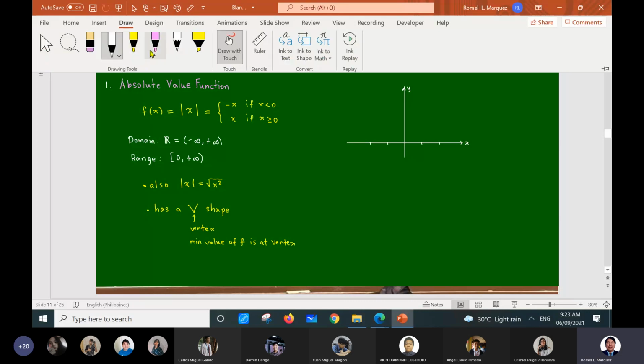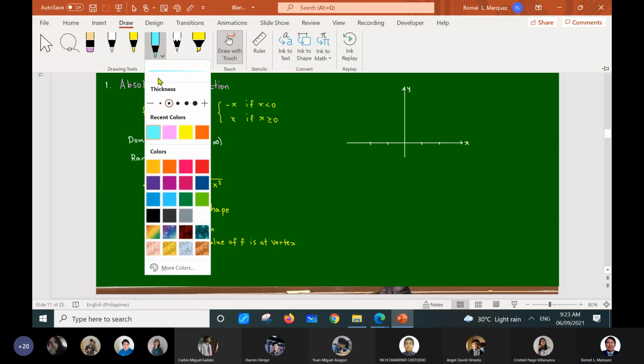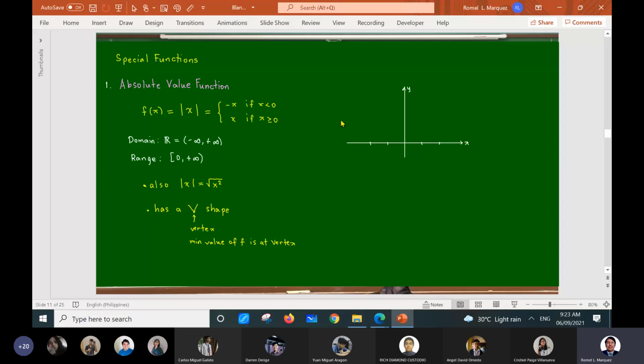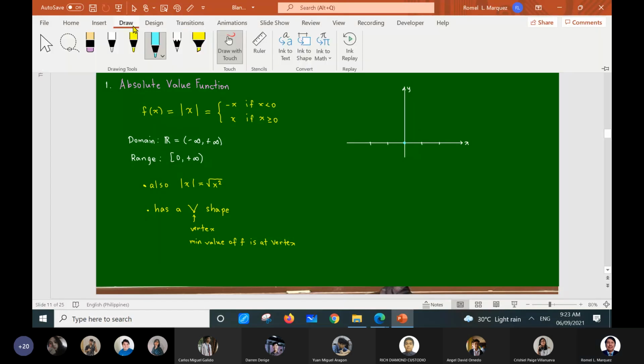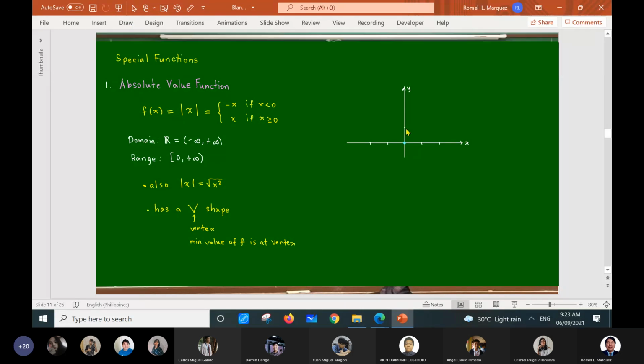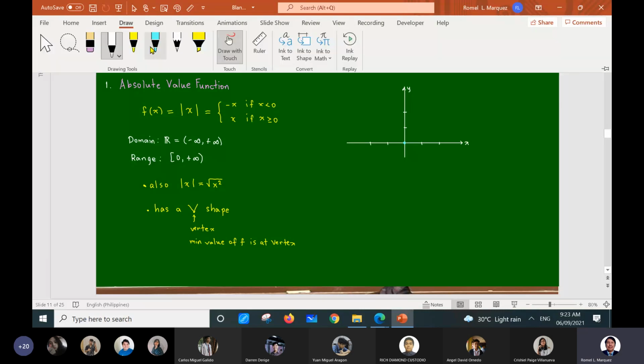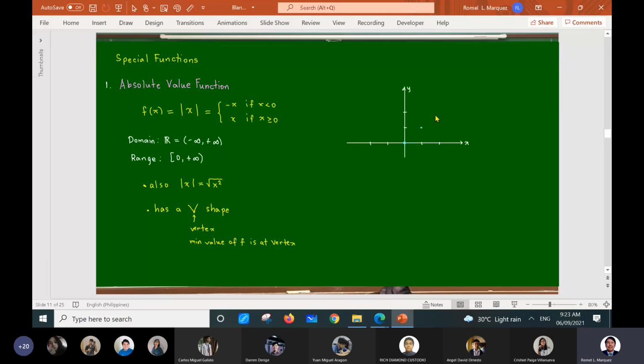Vertex here, when x is 0, f of x is 0 or y is 0. When x is 1, so we substitute here, y is 1 also, no? When x is 2, y is 2 also. So we have here and then here, no? So we draw this.